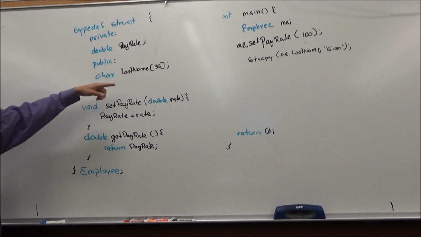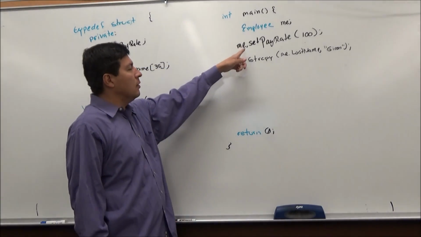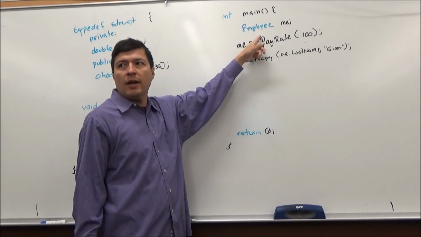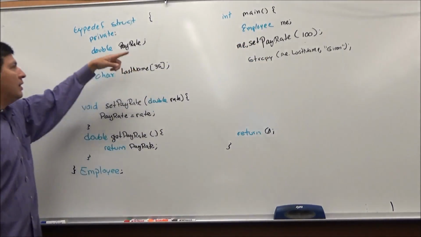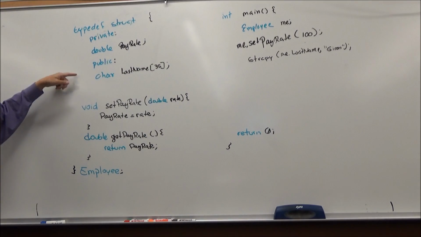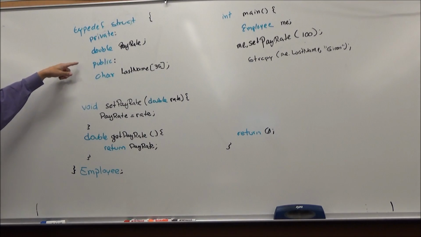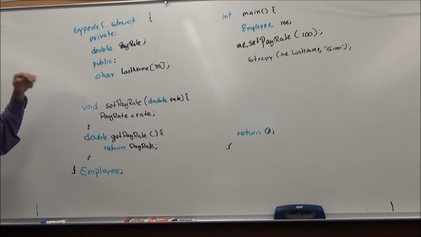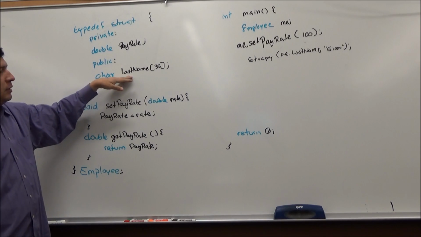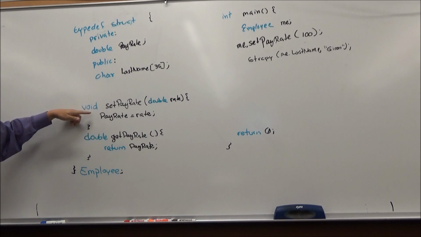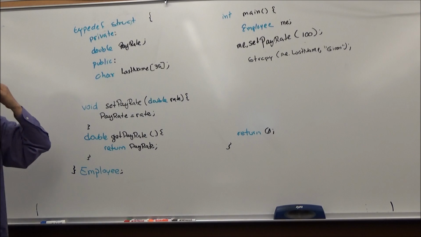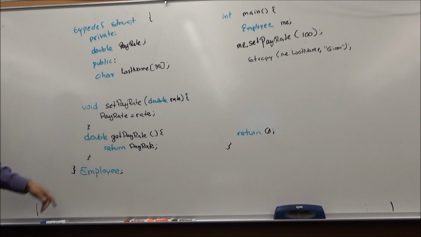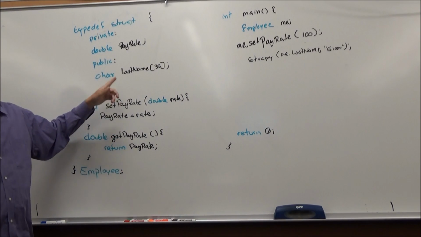Because that's a structure or a class, anything inside that structure, when you do that, anything that's public shows up. And because last name is a variable, but set pay rate is a method, I can change the pay rate indirectly.